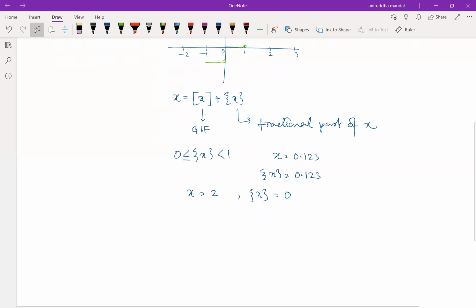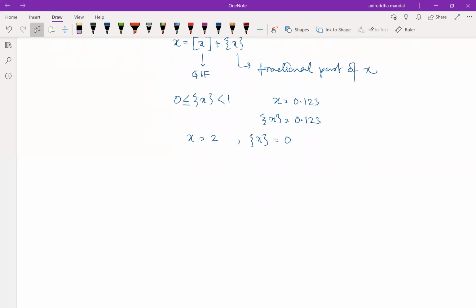Similarly, if we plot the graph of the fractional part of x, it is simply like this, with 0, 1, 2, 3, and minus 1, minus 2, minus 3, and this value is 1.